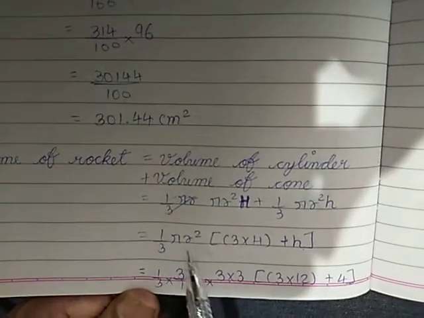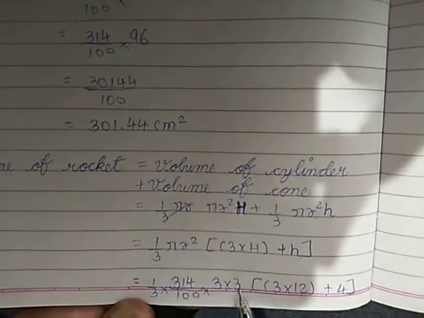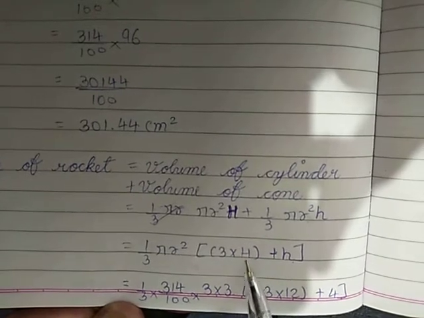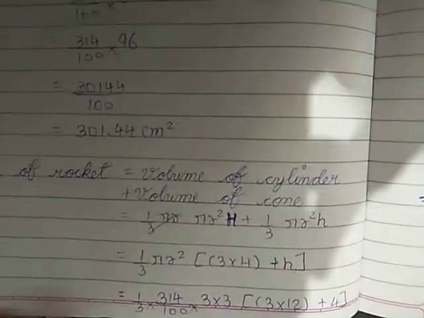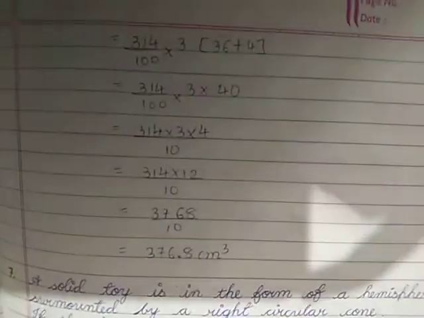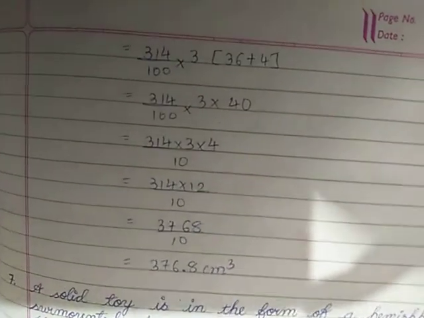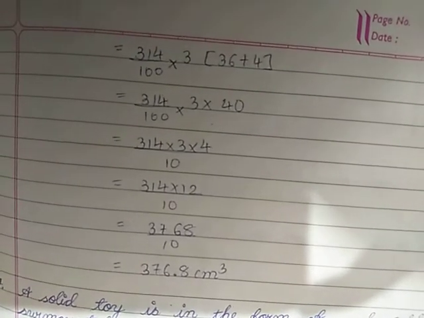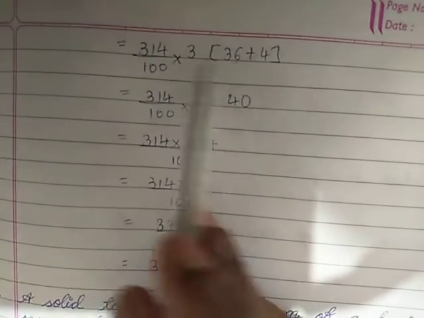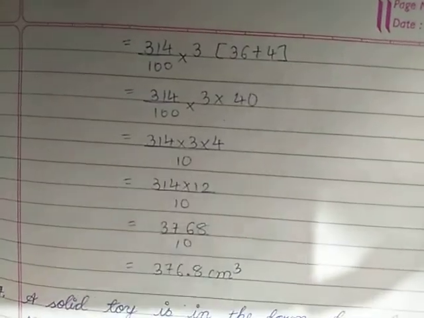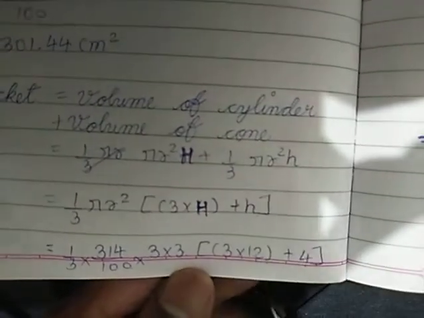So 1 by 3 pi, 314 upon 100. r is 3, so r square is 3 into 3. And capital H is 12.